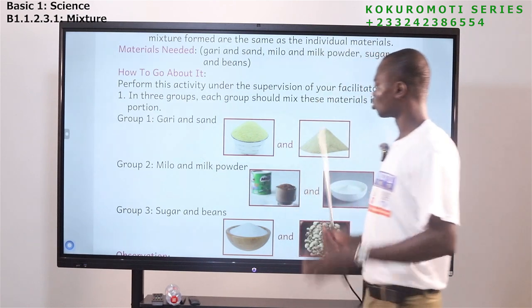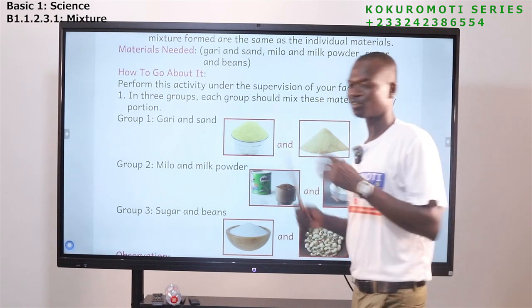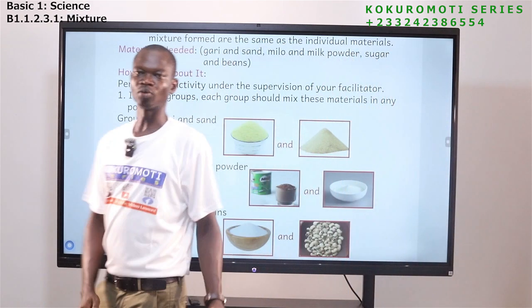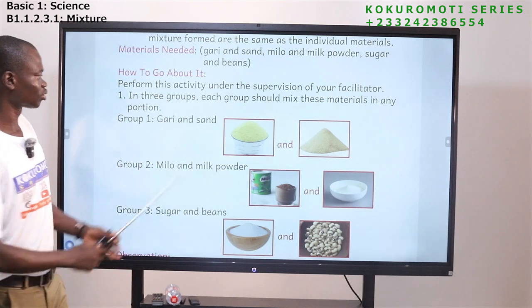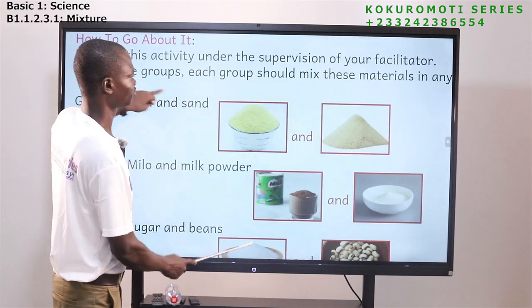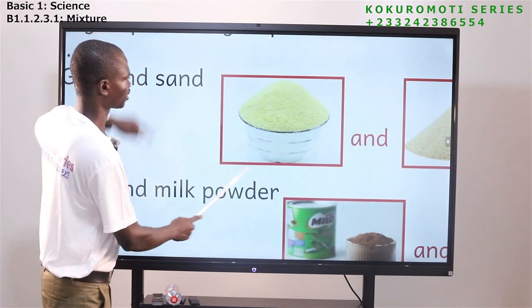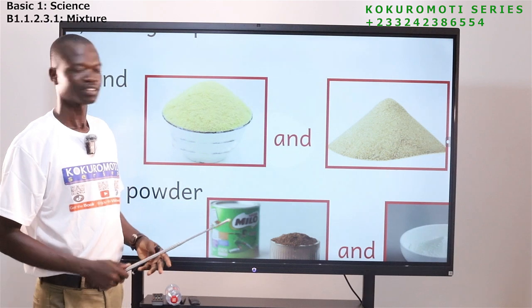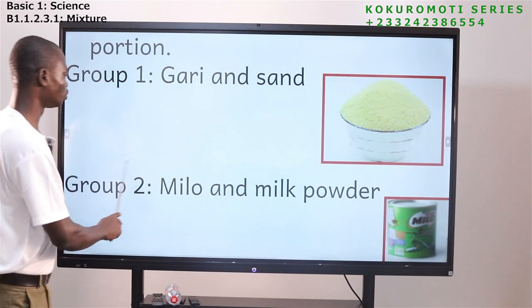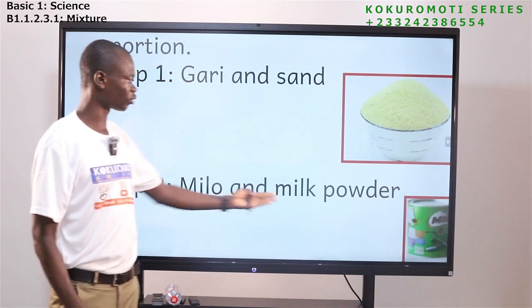Group 1. So group 1, we are going to do this. We are going to have 3 groups: Group 1, Group 2, Group 3. Group 1, they are going to mix gari and sand. So this is gari, and this is gari and what? Sand. They are going to mix it. The next group, Group 2, they are going to mix Milo and what?